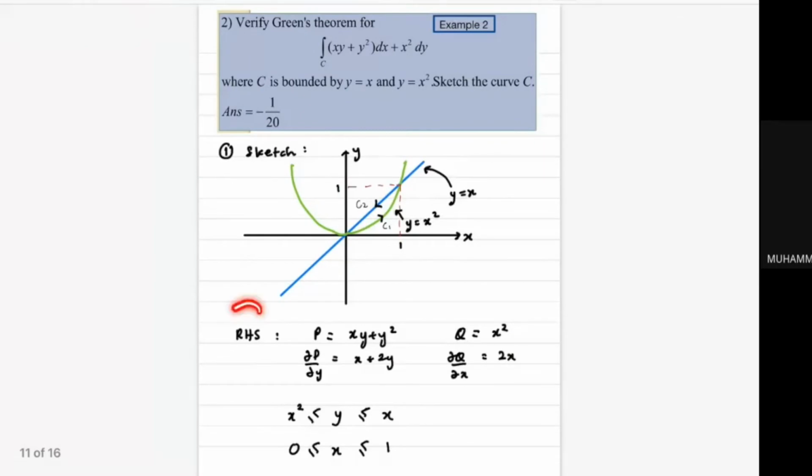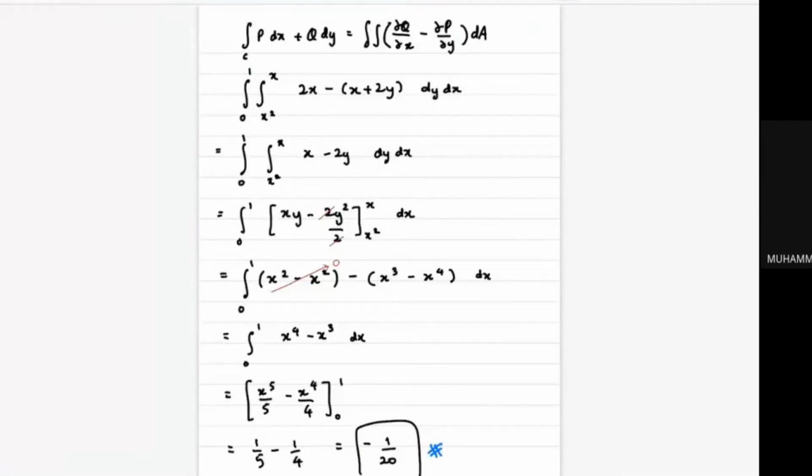Okay, the right hand side. First do the right hand side. Identify your limits. Limit for x is from 0 to 1 and limits for y is from x squared to x. Similarly, you have to substitute the value of del Q del x minus del P del y.